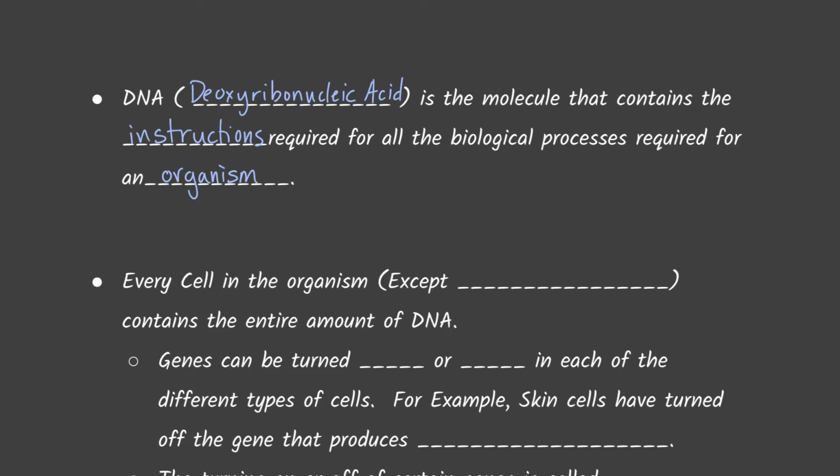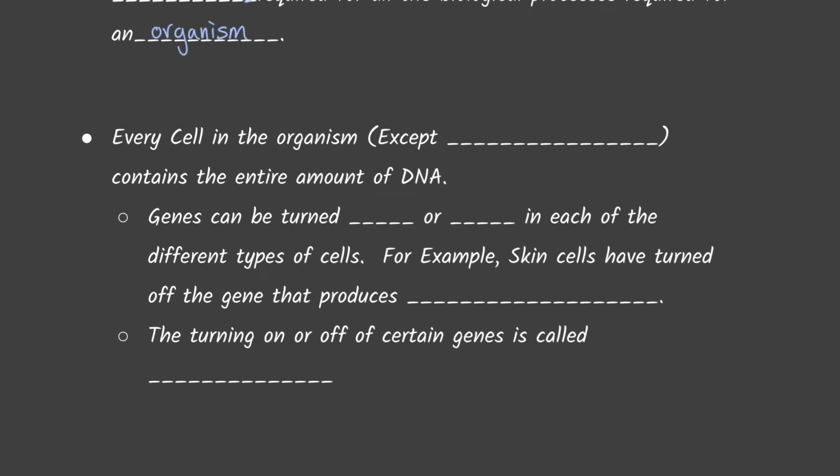And every single cell in the human body, with the exception of red blood cells, contains the entire set of DNA, which is about 6 billion base pairs.